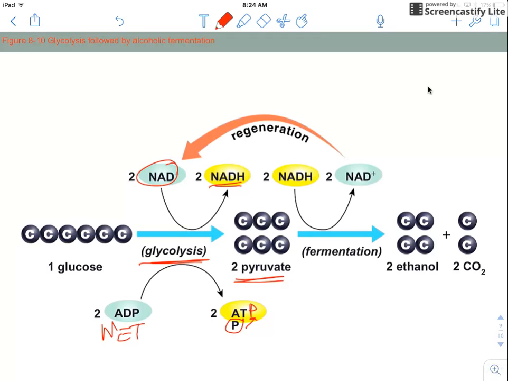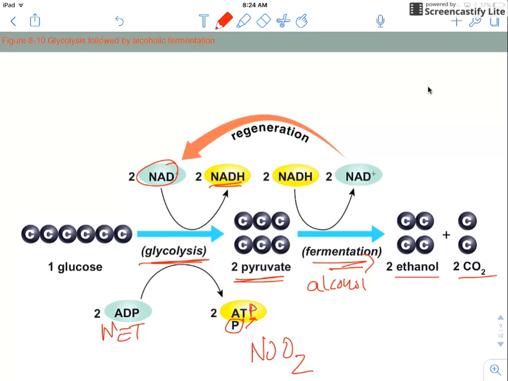And at the end of glycolysis, we have pyruvate. There's no oxygen, so those pyruvate are going to go into fermentation. This time it's alcohol fermentation, and at the end of it we have 2 ethanol and 2 carbon dioxide.